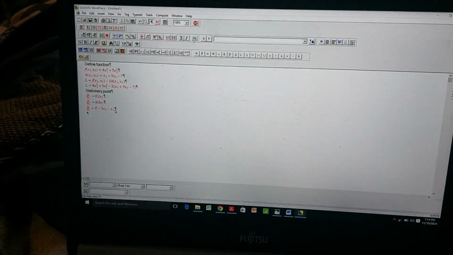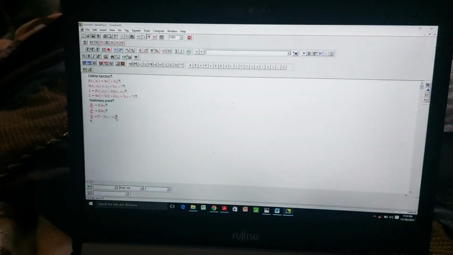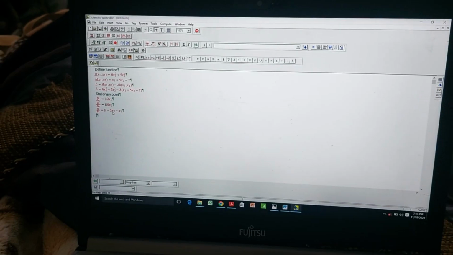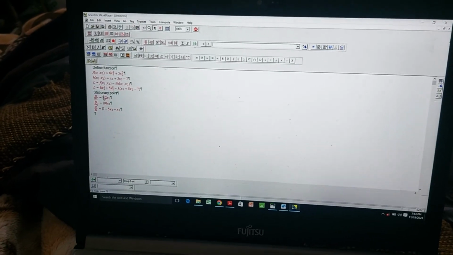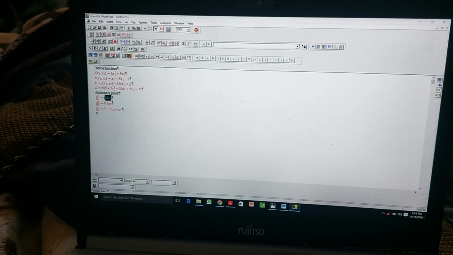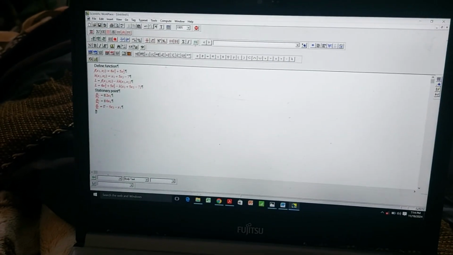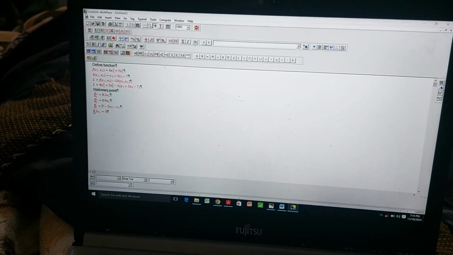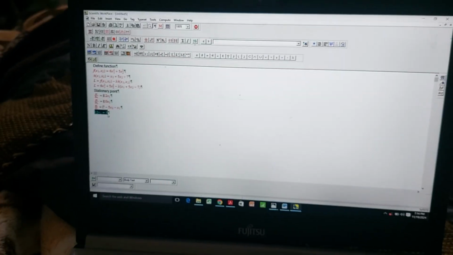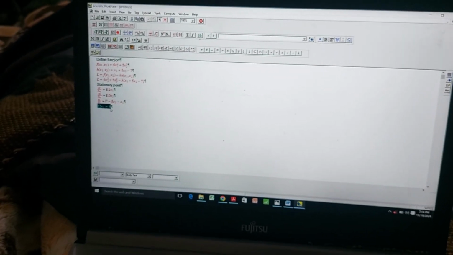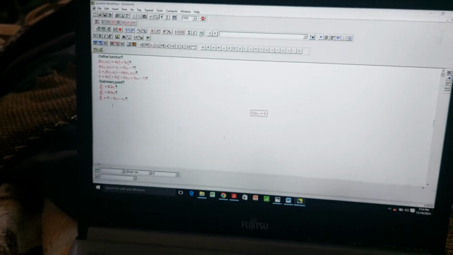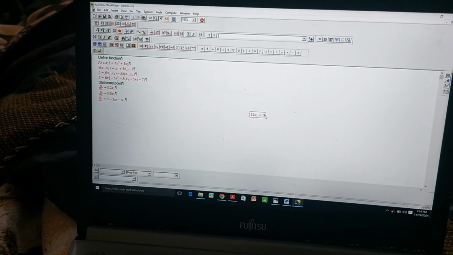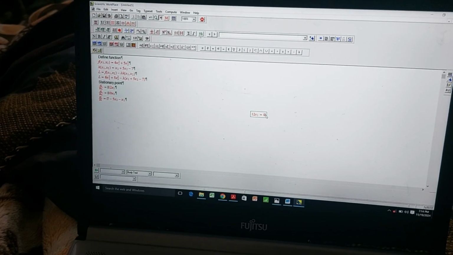For the three values, I need to equate them to 0. I will press Control C and equate it to 0. Selecting it and pressing Control D will introduce it into the system of equations.